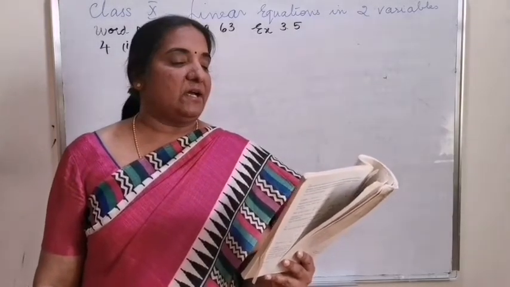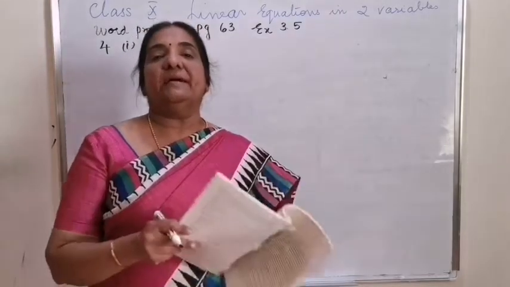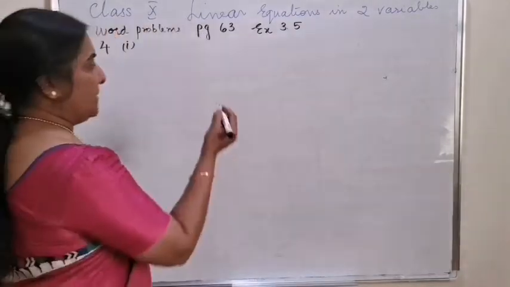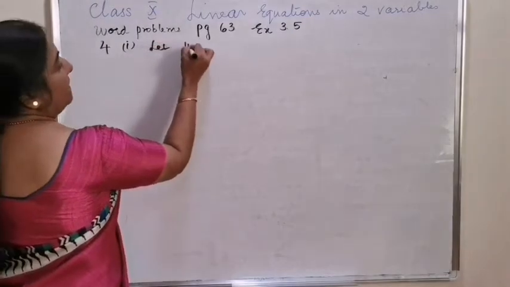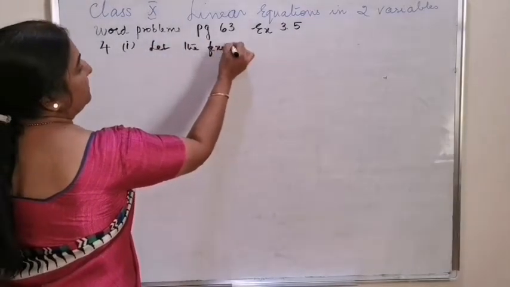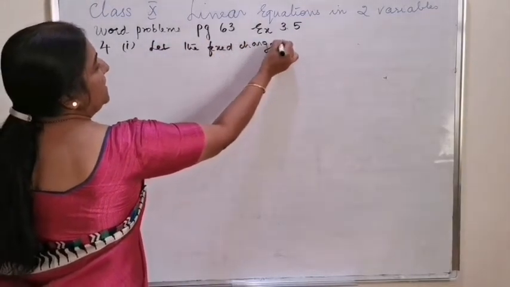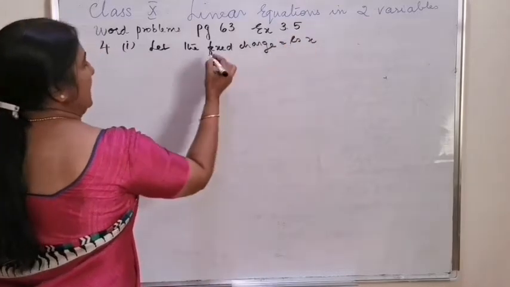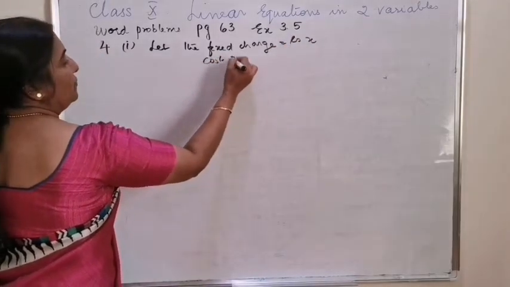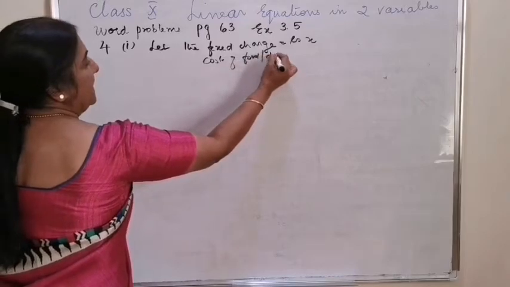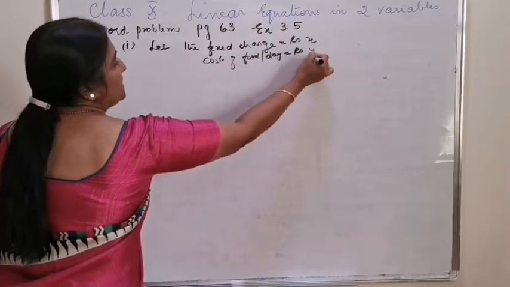Find the fixed charge and the cost of food per day. From the question itself, let the fixed charge be rupees X and the cost of food per day be rupees Y.